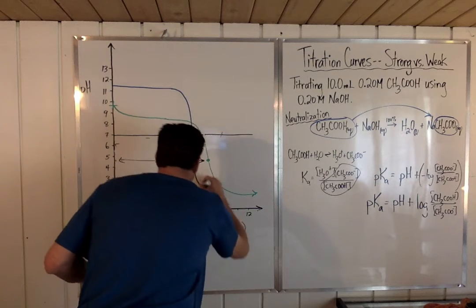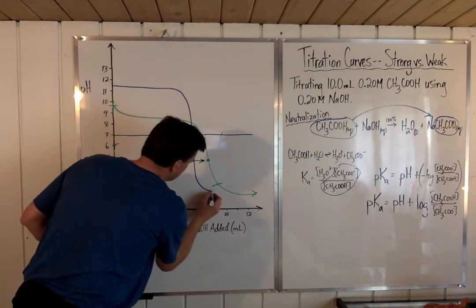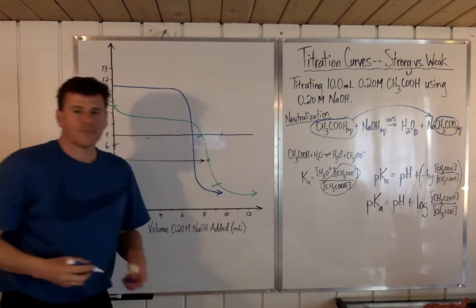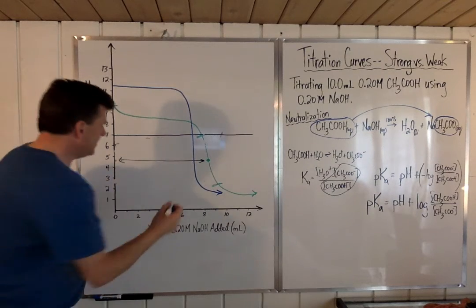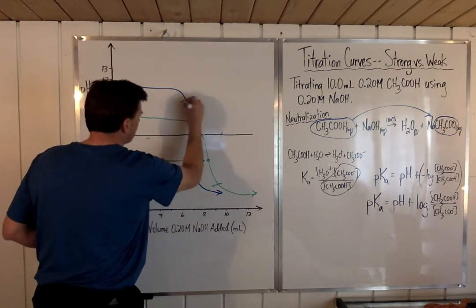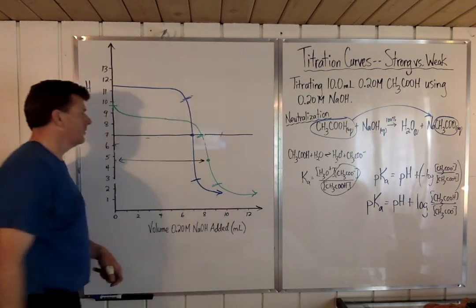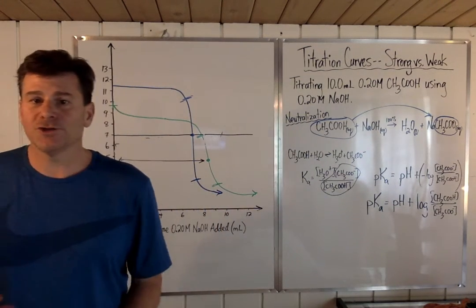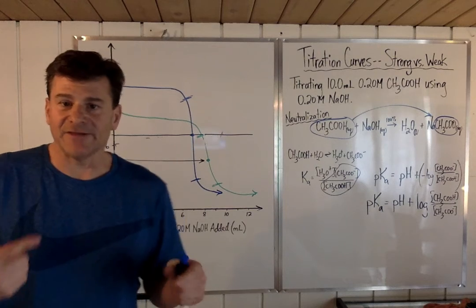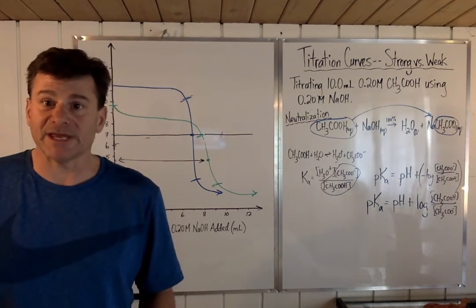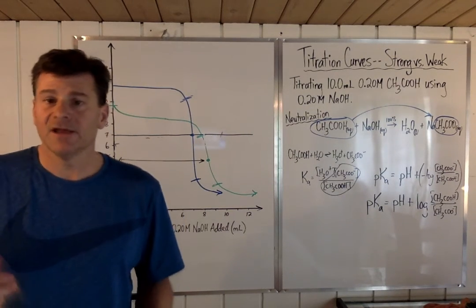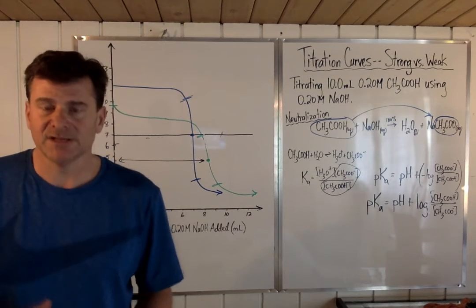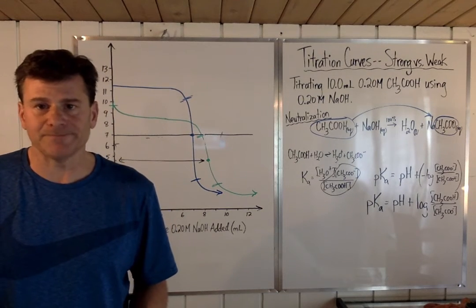And when it drops, it'll drop quickly. And the middle of that steep section will be right at pH of 7. Okay? And so you can identify the blue line would have been a strong base being titrated with a strong acid. The green line would have been a weak base being titrated with a strong acid.